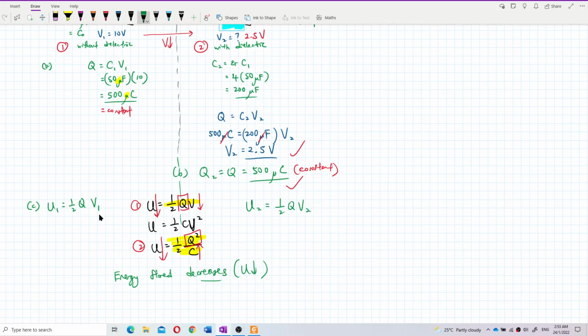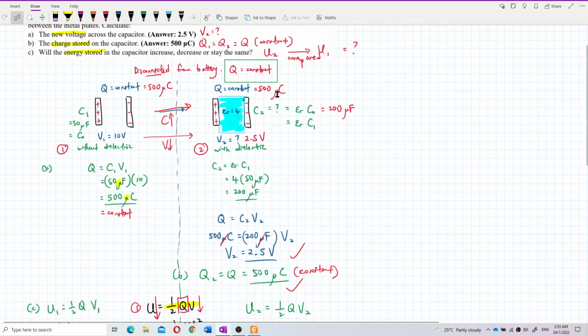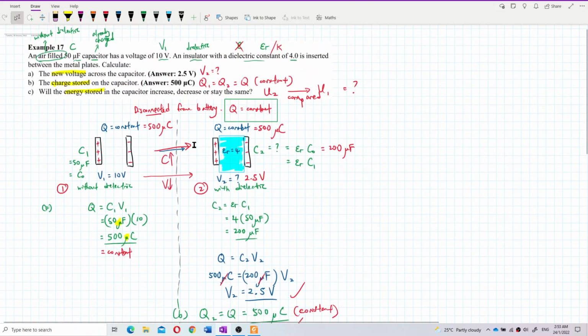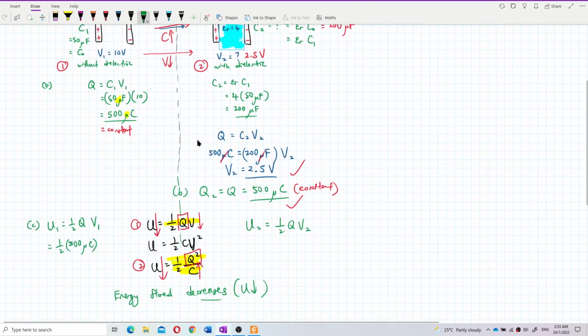So half QV. Q, the charge stored, is 500 microcoulomb, the same for both. Then voltage is 10 volt. So let's calculate: 500 multiply 10 divided by 2.